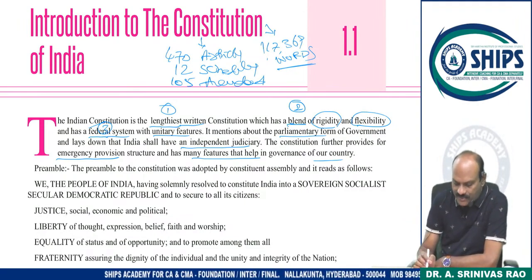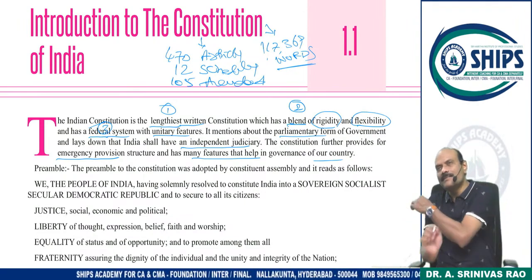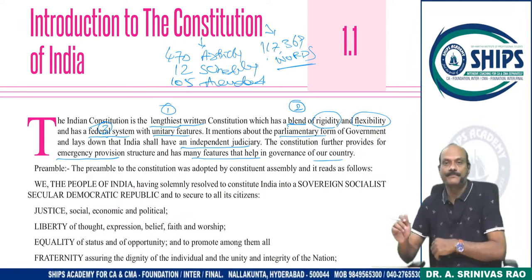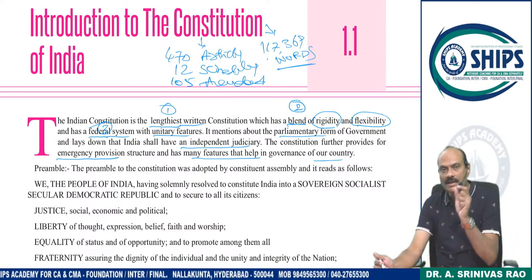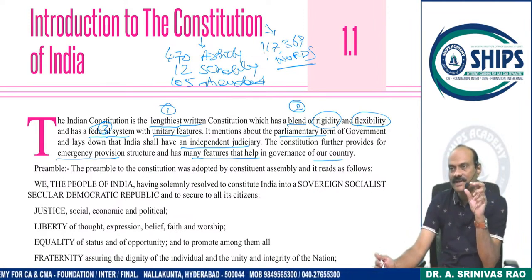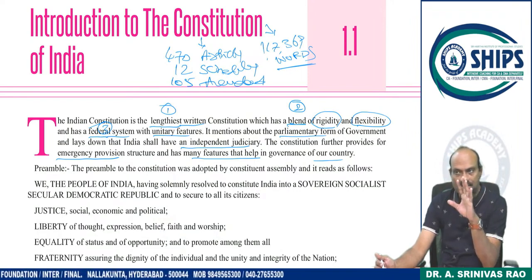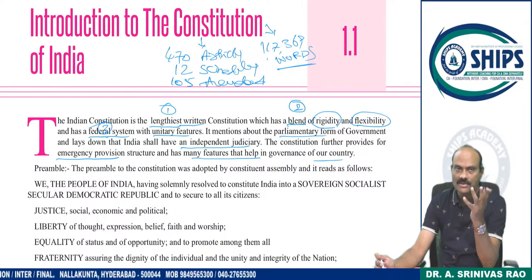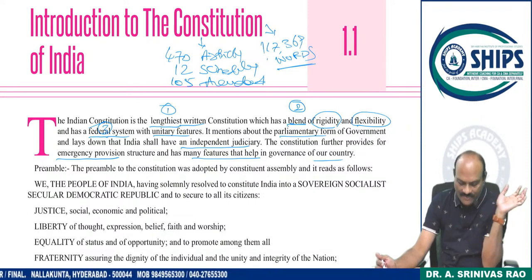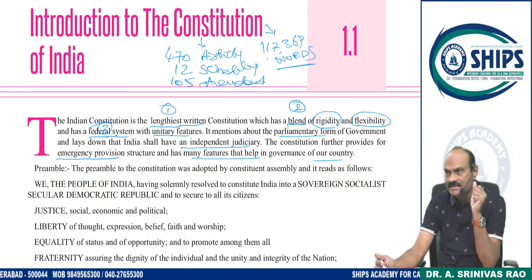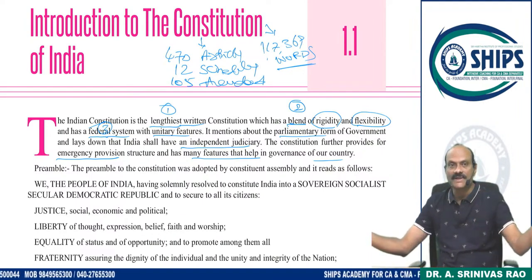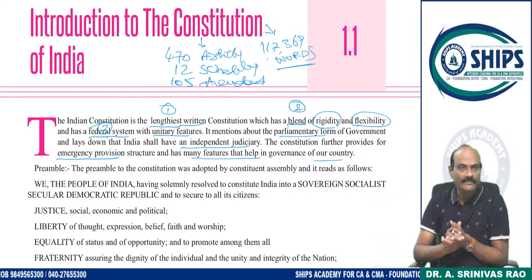First one, written constitution. Blend. Blend means combination. The constitution is a combination of rigidity as well as flexibility. Means certain things were rigid, you can't change them. Flexible means certain things can be amended. And the federal system. What is the federal system here? Like the US. The US is a combination of different states.